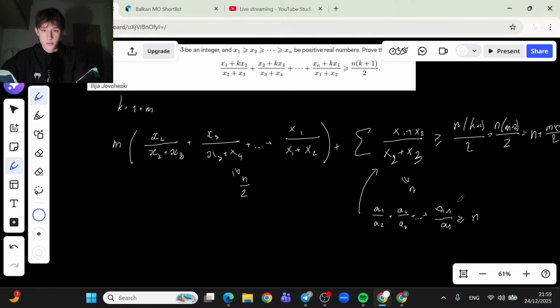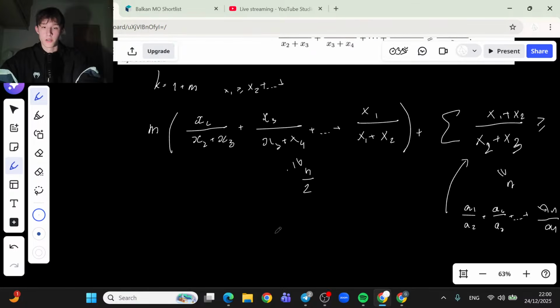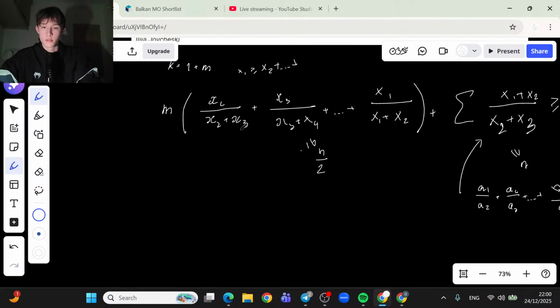And now we just need to sort this thing out. And we need to remember that x1 is greater than x2 is greater than and so on. Oh, we're done. Okay, fine. Oh, this is interesting. So this thing is, for example, greater than or equal to x3 over x2 plus x3.